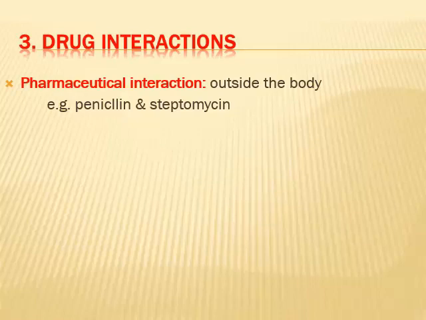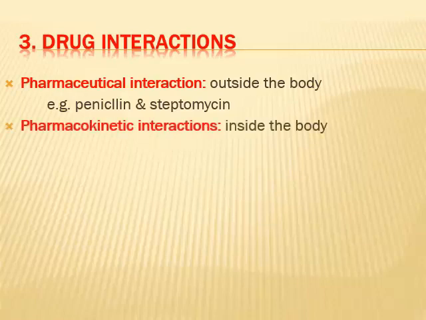2. The in vivo interactions, which occur inside the body, that is, after drug administration. This is further divided into 2 subtypes. The pharmacokinetic interactions, where the action of the drug is affected due to changing its blood level that reaches the receptor sites, either secondary to changes in its absorption, distribution, metabolism, or excretion.